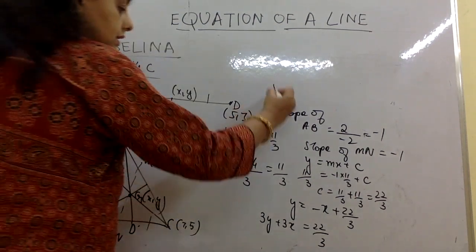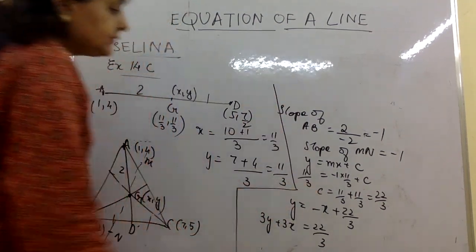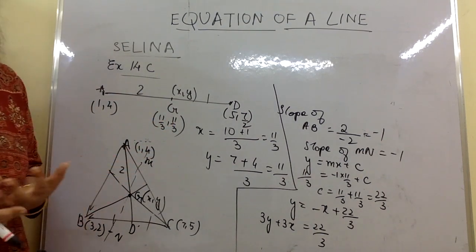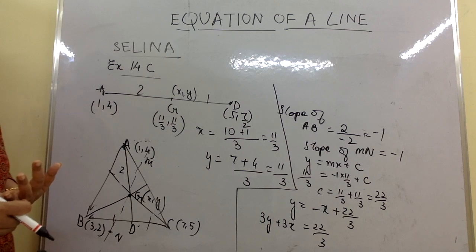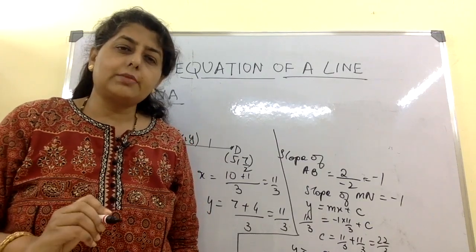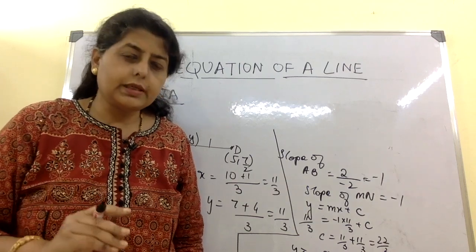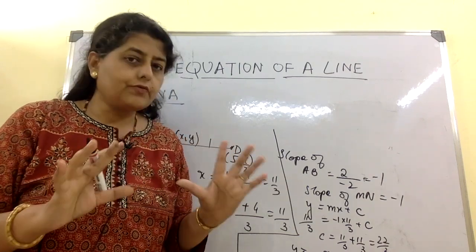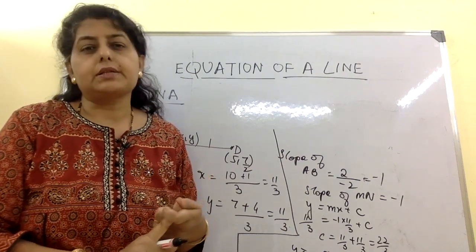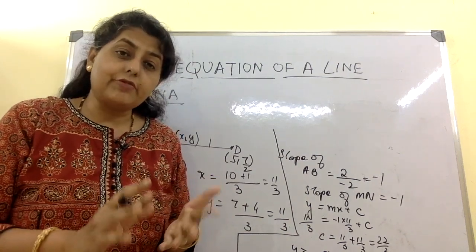So this is the sum. What are we keeping in mind all the time in this chapter? We are only keeping in mind that in order to find a line, we need one point through which the line passes, and we need the value of m.